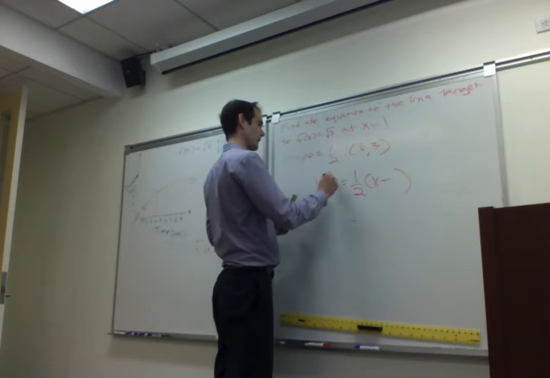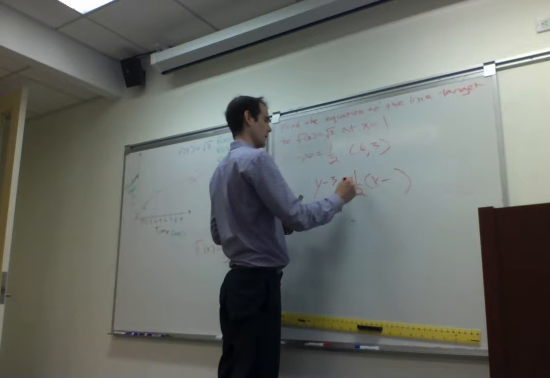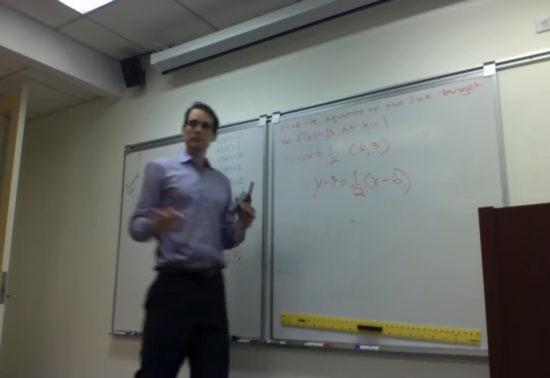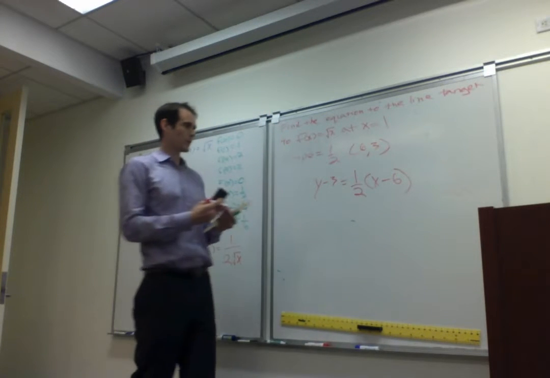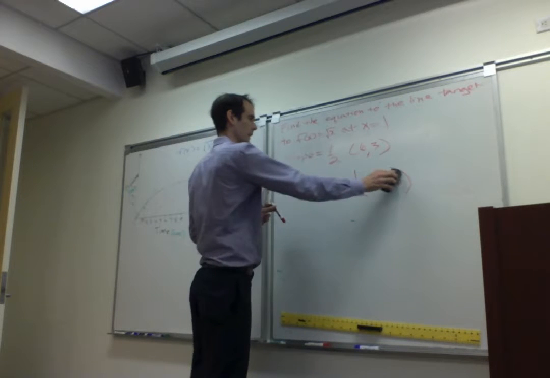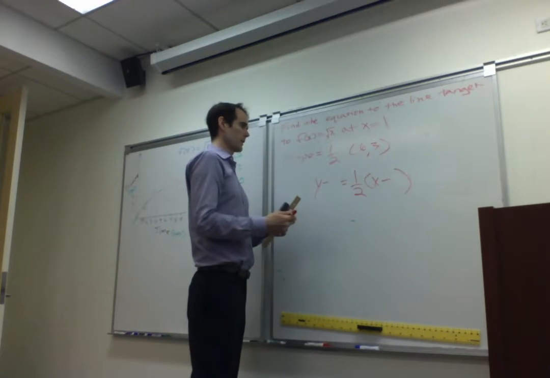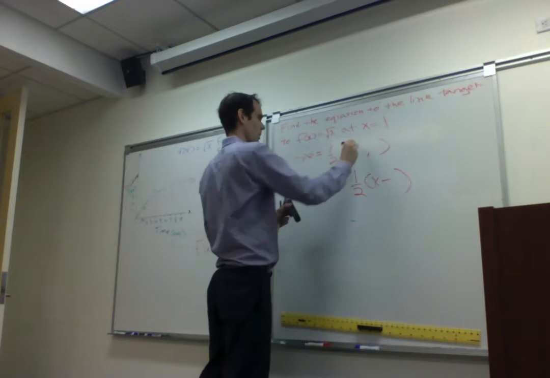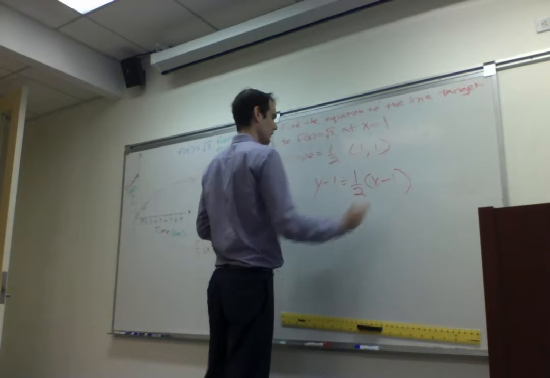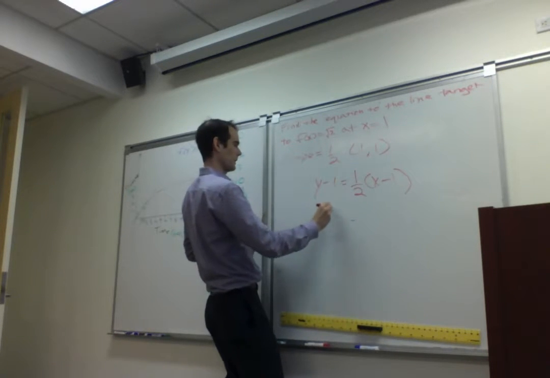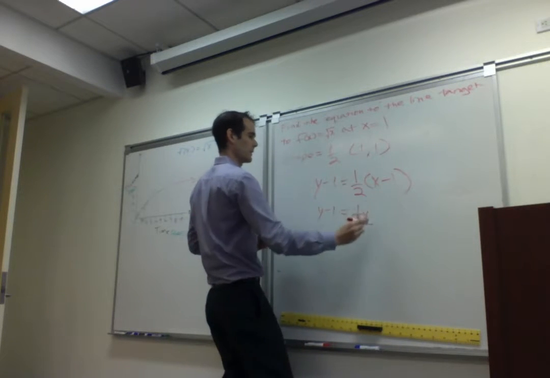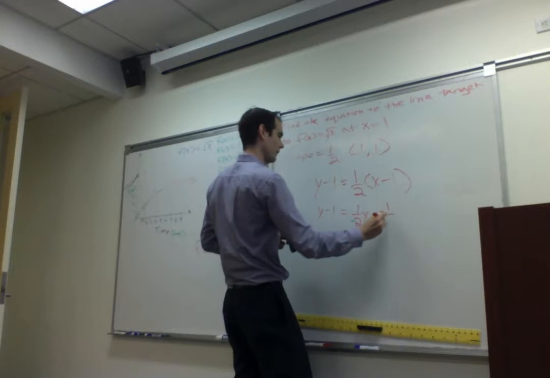Y minus 3 equals 1/2 times x minus 6. Okay? It just gets a little confusing because they're both 1, and then it says y1. So y minus 1 equals 1/2 x, and 1/2 times -1 is minus 1/2.